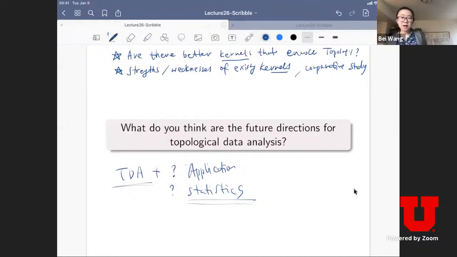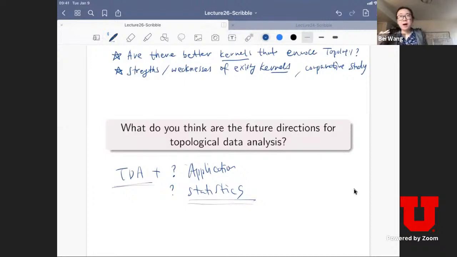So there is a rising number of applications of TDA in material science precisely because those are tangible shapes that people study. So I suspect topological data analysis to be very widely applied in that domain. Okay, so that's why for the image data set, it's very natural to try it.